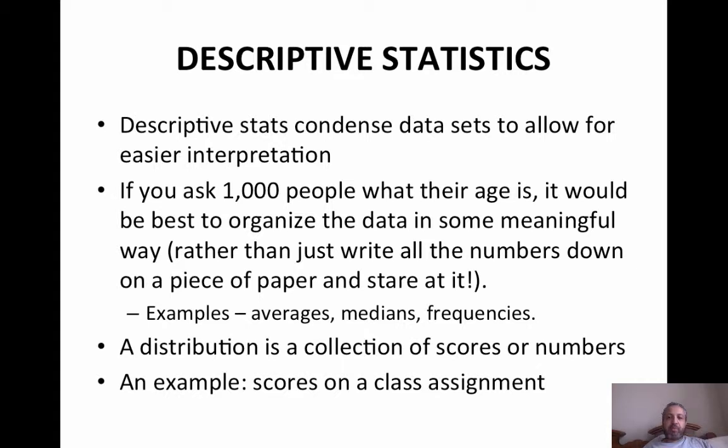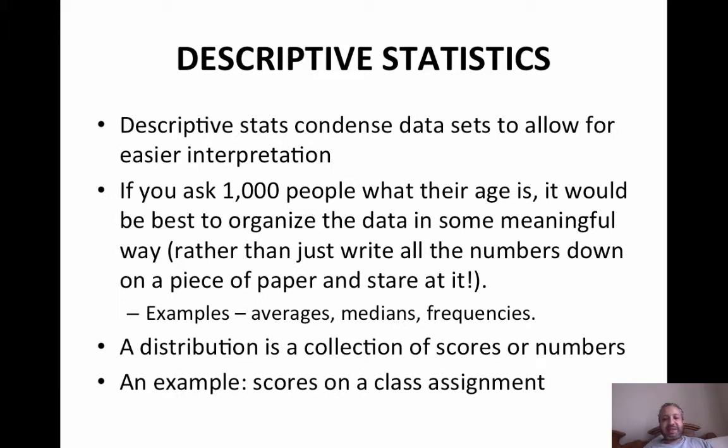So, for example, a distribution is just a collection of numbers or a collection of scores. So like when you guys took your midterm exam, I had a bunch of numbers, all of your scores were right there, 84, 78, 91, 68, 94, all these numbers.